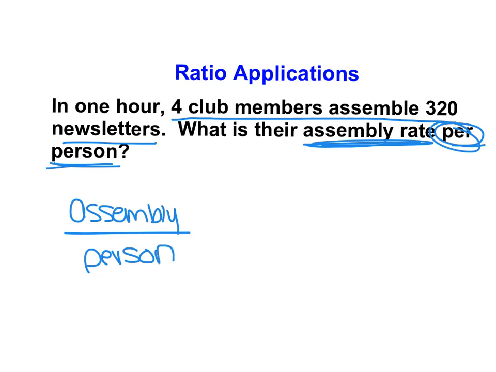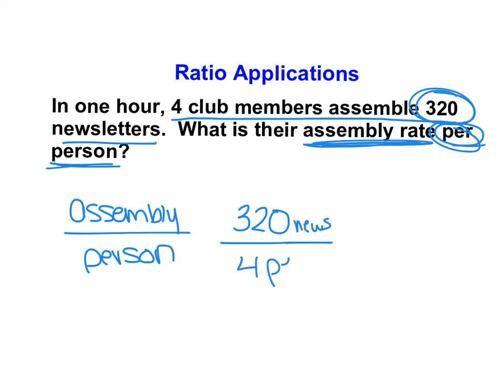So assembly is this 320 here. We currently have 320 newsletters for 4 people. And I am essentially trying to figure out how many newsletters are being assembled by each person. So what I need to do here is turn this into a unit rate.